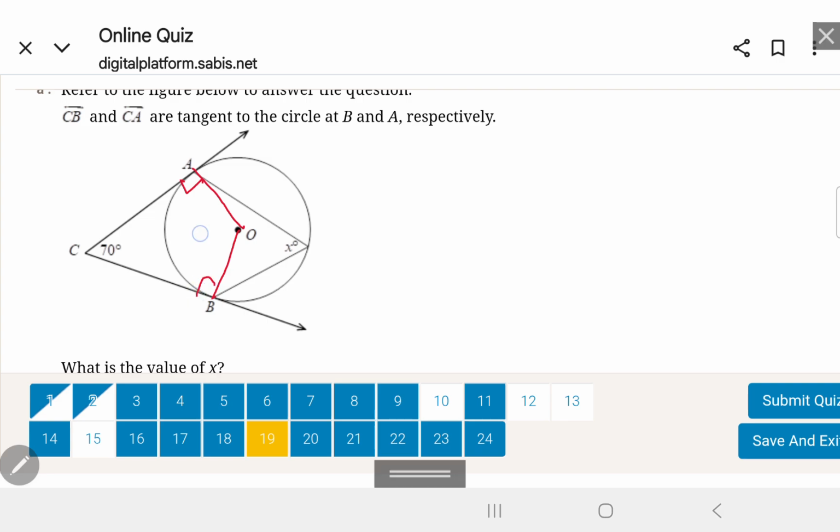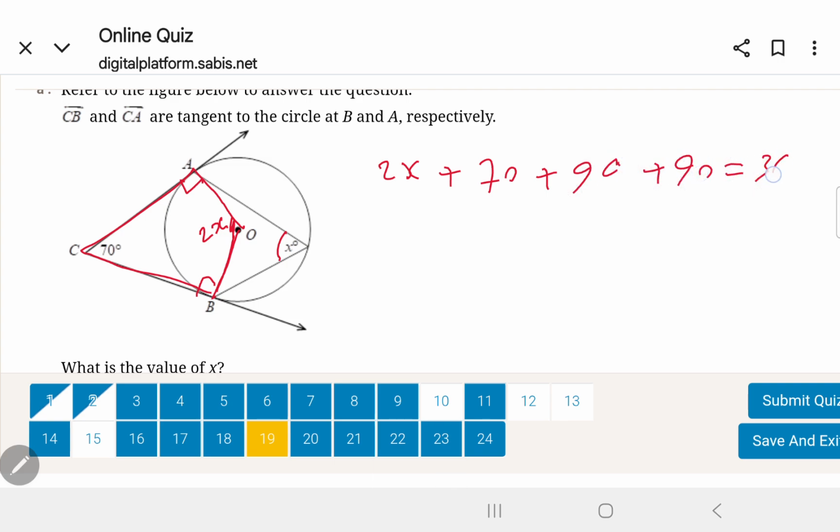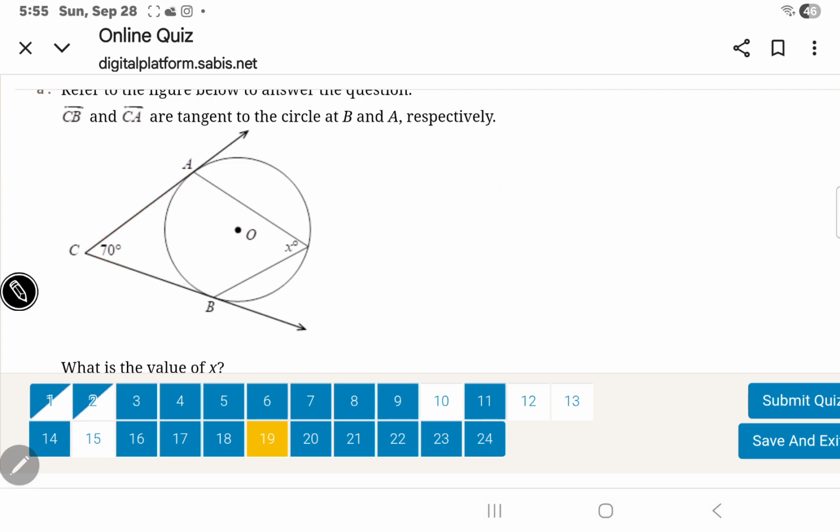In this case, this angle would be 2x because angle at center is twice angle at circumference. Now in this quadrilateral ACBO, the sum of angles is 360. 2x plus 70 plus 90 plus 90 equals 360. Then you solve for x. So this is very easy.